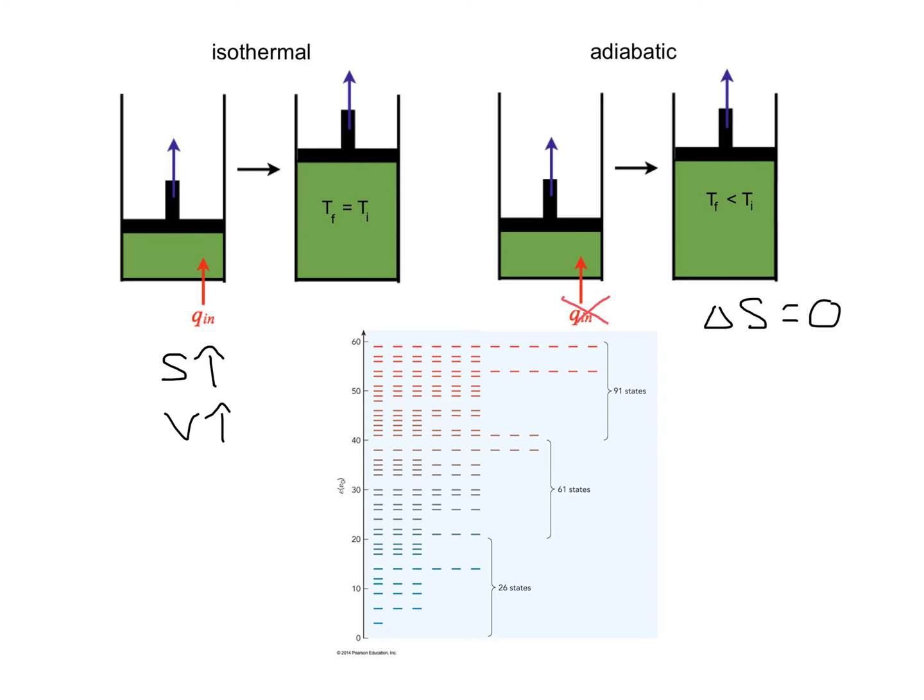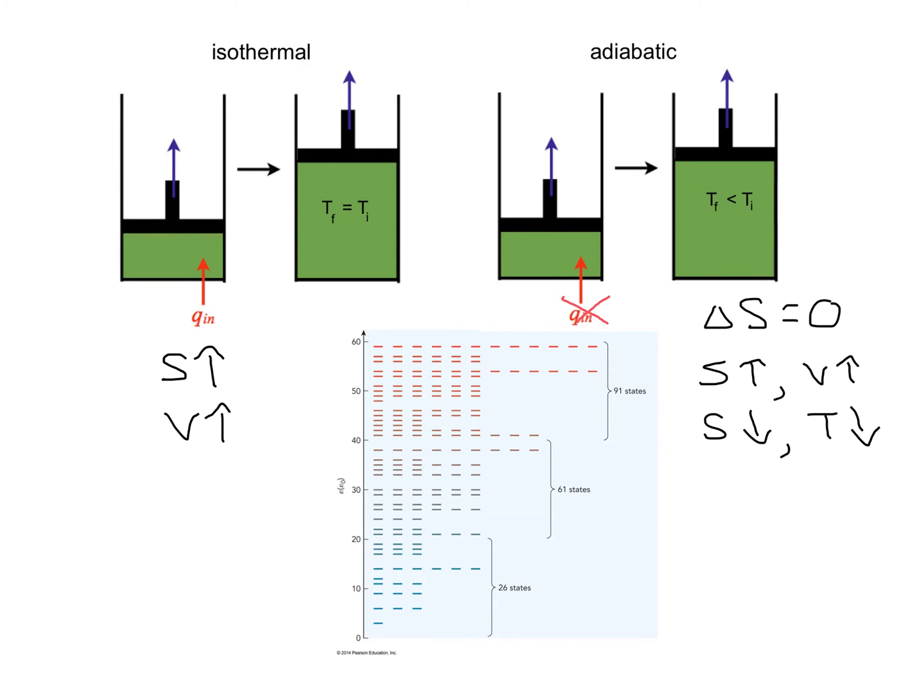Again, this is because the entropy increases with the increase in volume, but the entropy decreases because there are fewer microstates available as the temperature decreases. The increase in entropy and the decrease in entropy compensate to give a total entropy change of 0 in the adiabatic case.